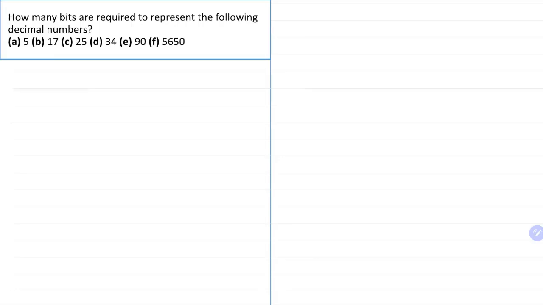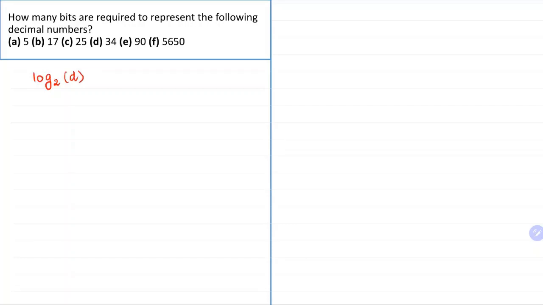This next one, we are trying to work out how many bits are required to represent the following decimal numbers. So we have the number 5. We want to work out how many bits are needed to represent the number 5. Okay, so the general formula to work this out is log 2 of the decimal number.